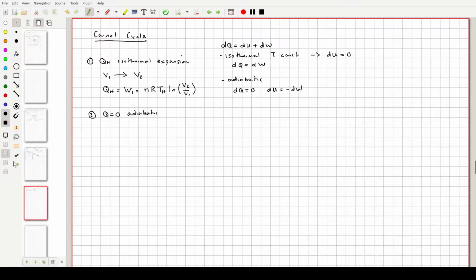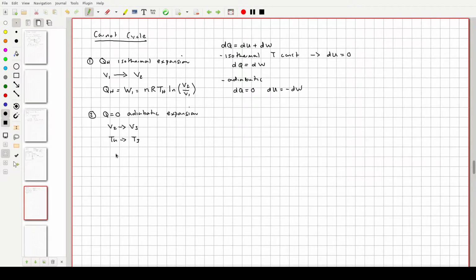In this case, what we're doing is we're going from volume 2 to volume 3. And we have relationships between temperatures and volumes here. Since we're at TH right now, we're going from TH to a new temperature, which I'll call T3, just for lack of a better way of describing it.